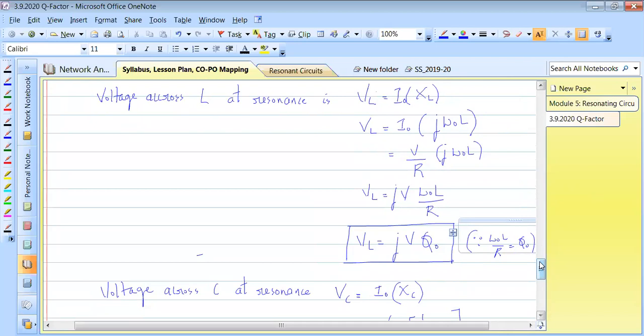Is it a number, or a current, or a voltage, or a reactance? It's a number. What is that number supposed to be for an efficient resonant circuit?